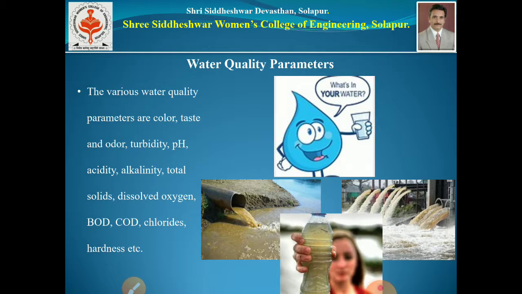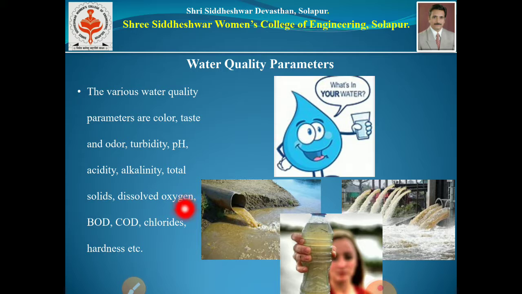Then the chemical parameters of water also change due to the mixing of various dissolved impurities, some inorganic impurities, organic impurities or gases. So what chemical parameters get changed? pH, acidity, alkalinity, total solids, dissolved oxygen.